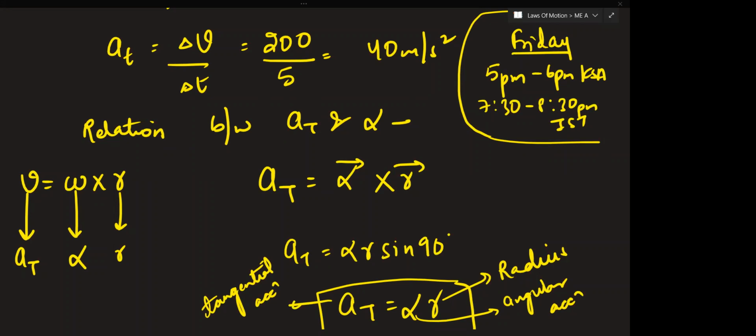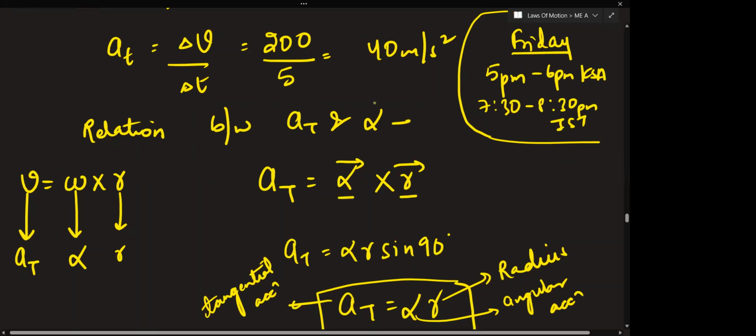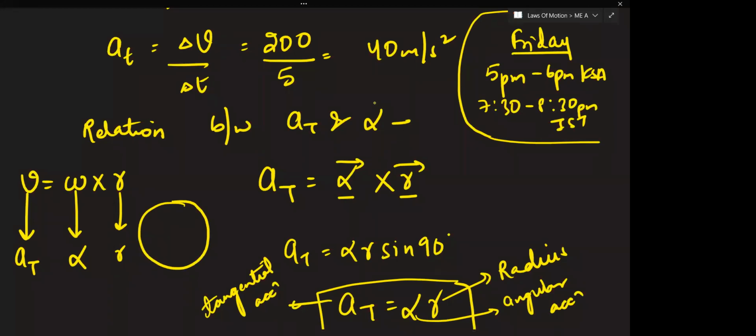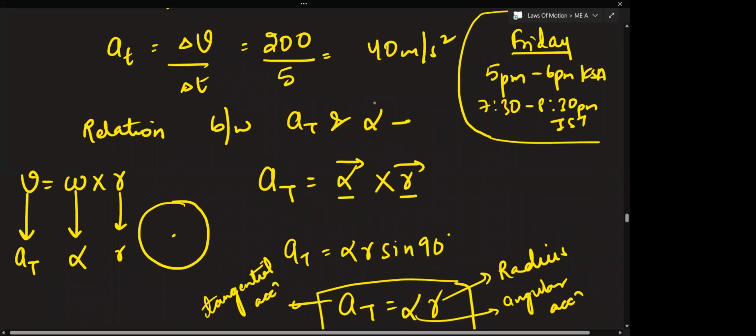Tangential, in this way. See, tangential, here this is alpha and R. Angular acceleration is there and the radius vector is there. Here also when we got 90 degree, we had omega and R. Magnitude of angular velocity, or even you can consider angular velocity. Angular velocity is along this axis of rotation, which is perpendicular to this plane, right?